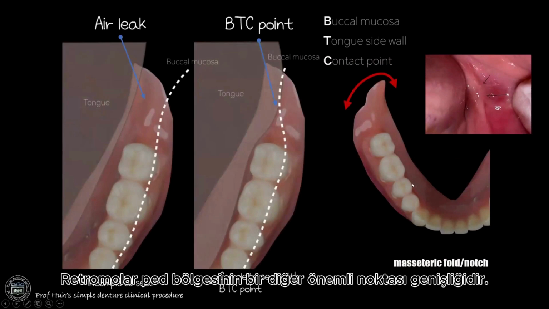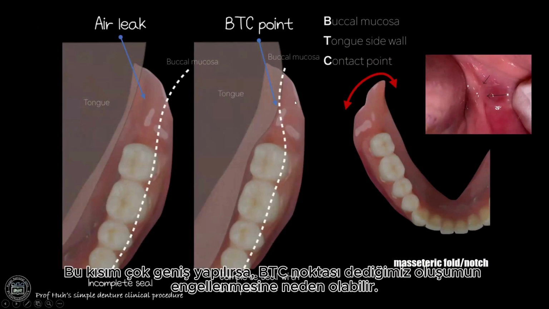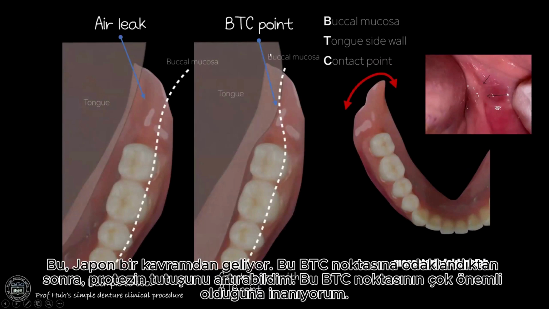So another important point of the retromolar pad area is the width of this part. If this area is made too wide, it may prevent the formation of what we call the BTC point. This is from the Japanese concept.